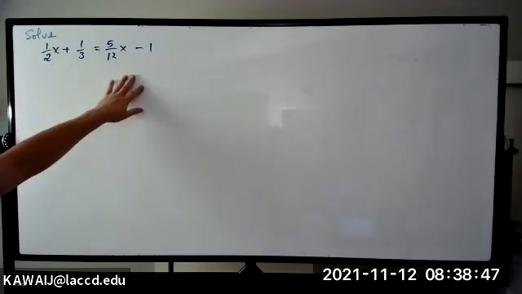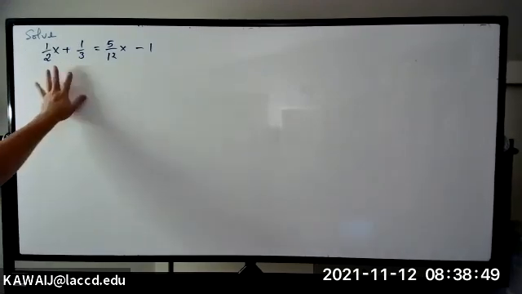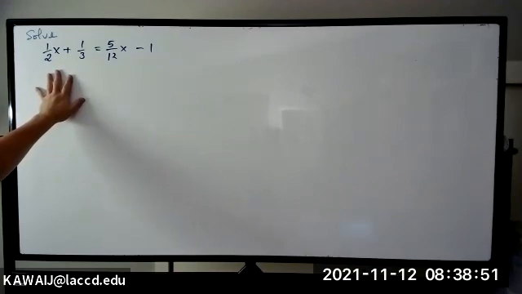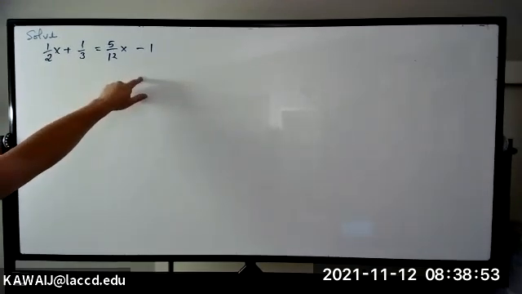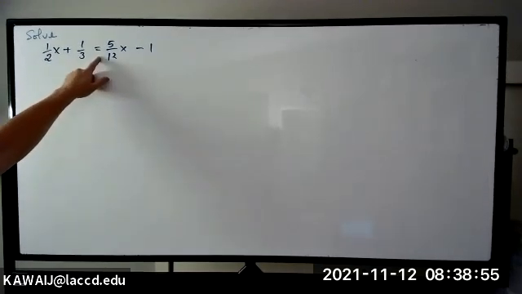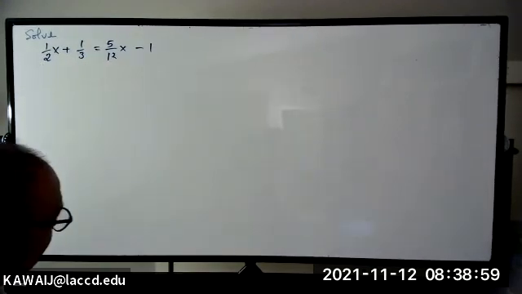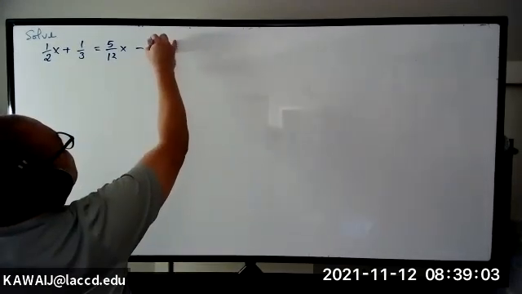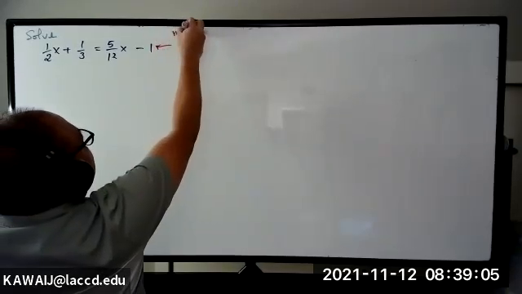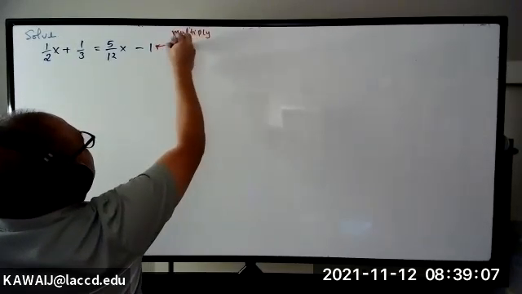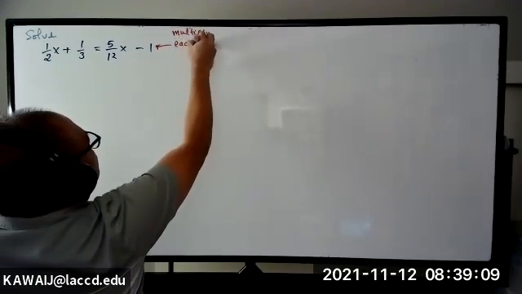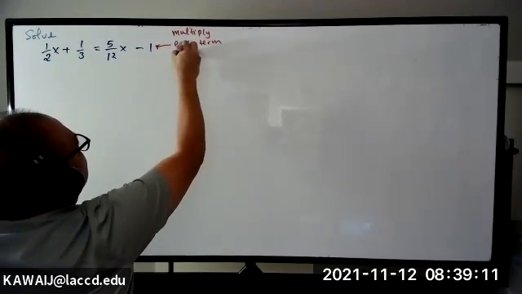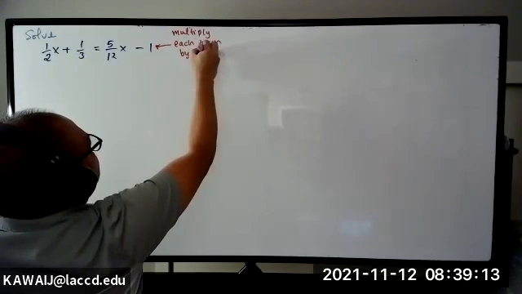Now, we can only use this technique because we have an equation. What an equation means is that I have something equal to something. This equal sign allows me to multiply each term by the lowest common denominator. Multiply each term by lowest common denominator.